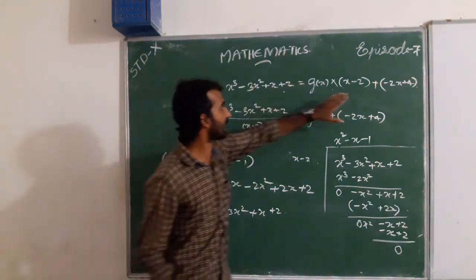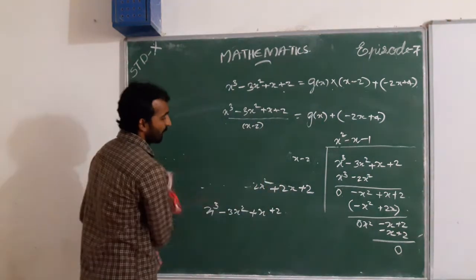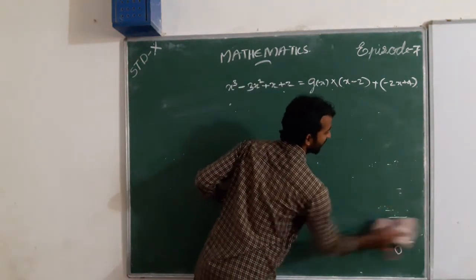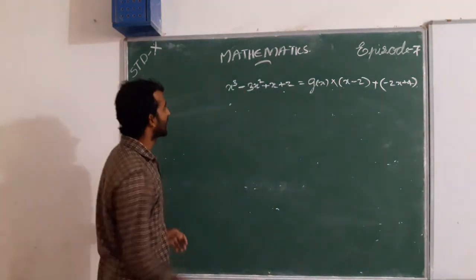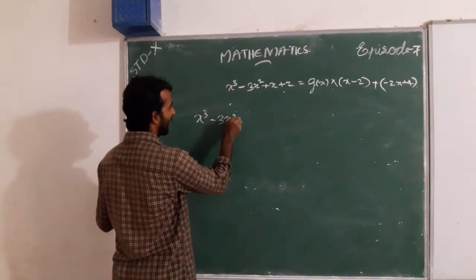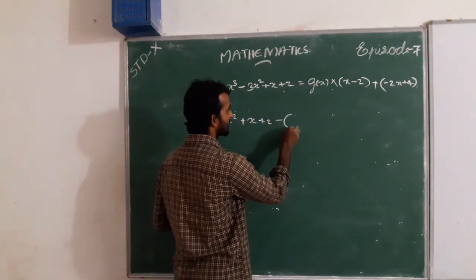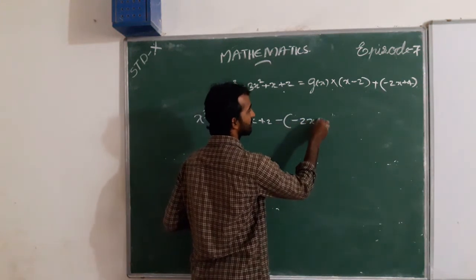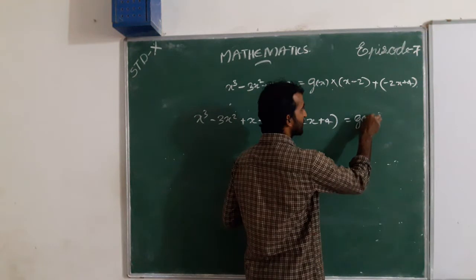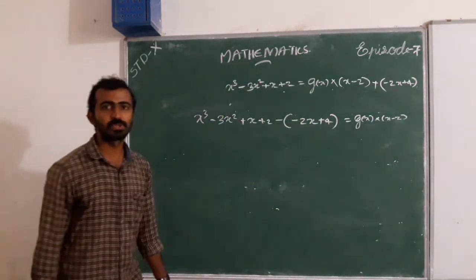So for our correct answer, first we take x cube minus 3x square plus x plus 2 minus of 2x plus 4 equal to g of x into x minus 2.